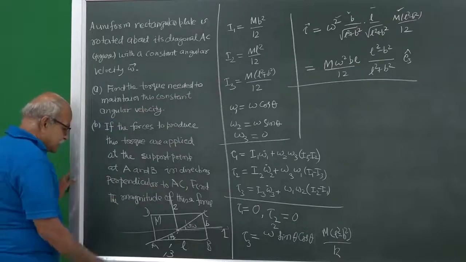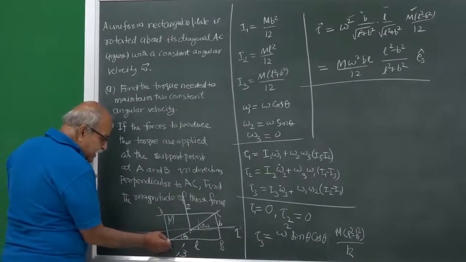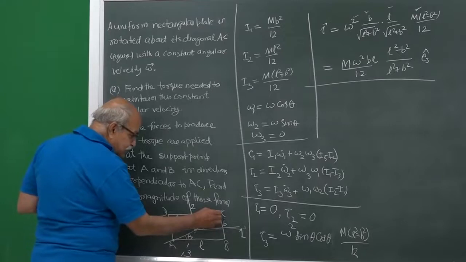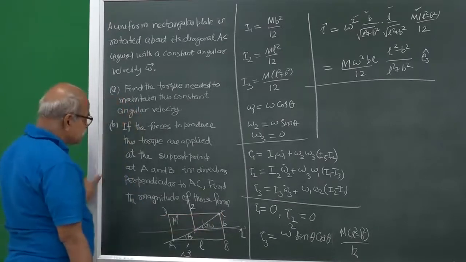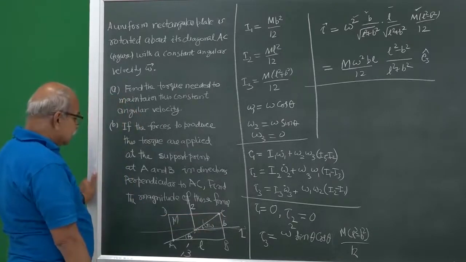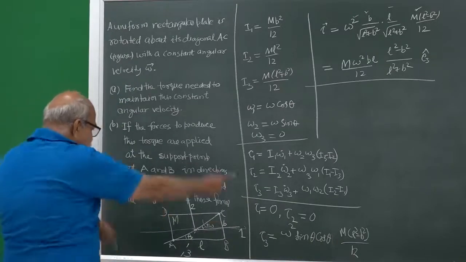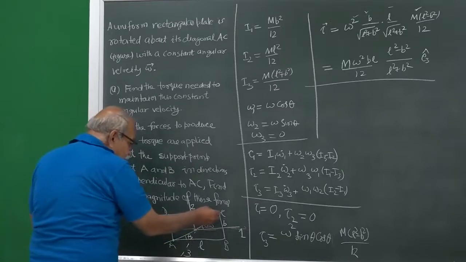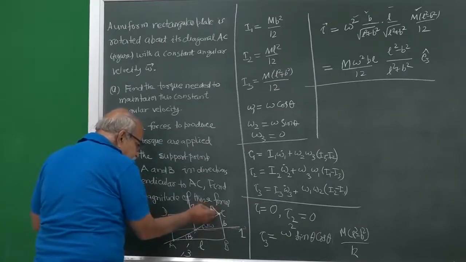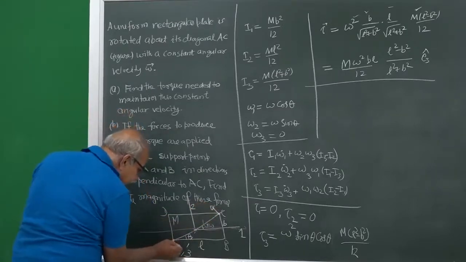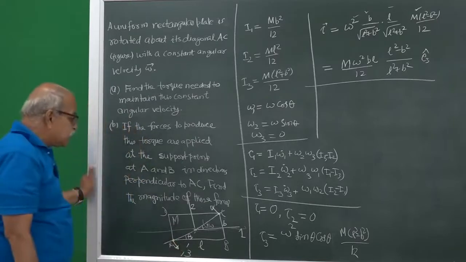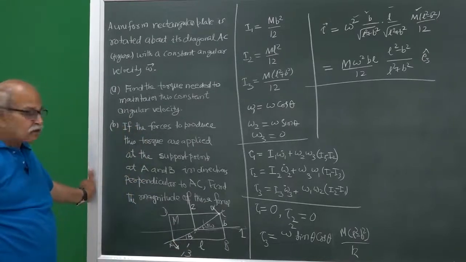Now, the second part: this torque is obtained by applying forces here, perpendicular to AC, and the torque is in the E3 direction. So, it should go like that, and hence this force is here in this direction and here in this direction. They must have equal magnitudes. The center of mass is fixed.